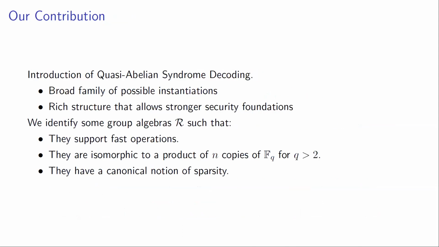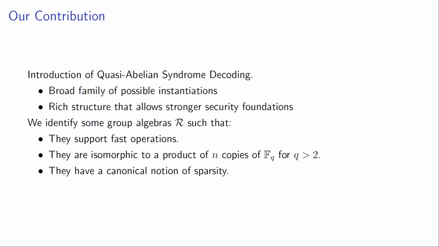Therefore, we come with a new assumption called the Quasi-Abelian Codes assumption. It comes with a lot of possible instantiations and a security which is, we believe, stronger and clearer. And we will do something similar in the big picture.